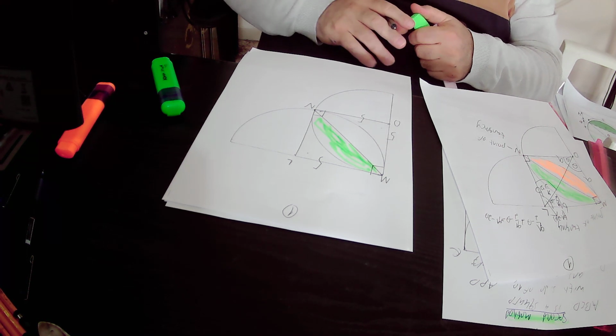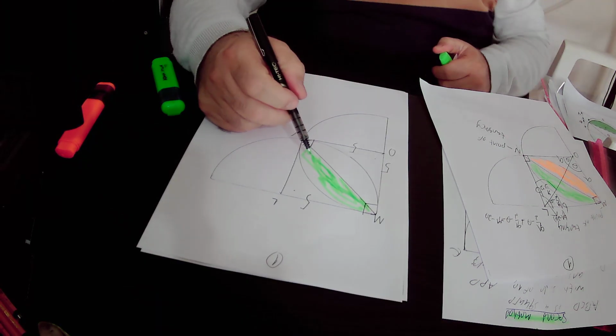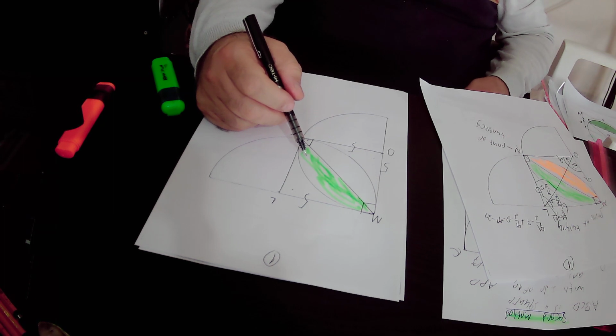So what is the area of the green circular segment?